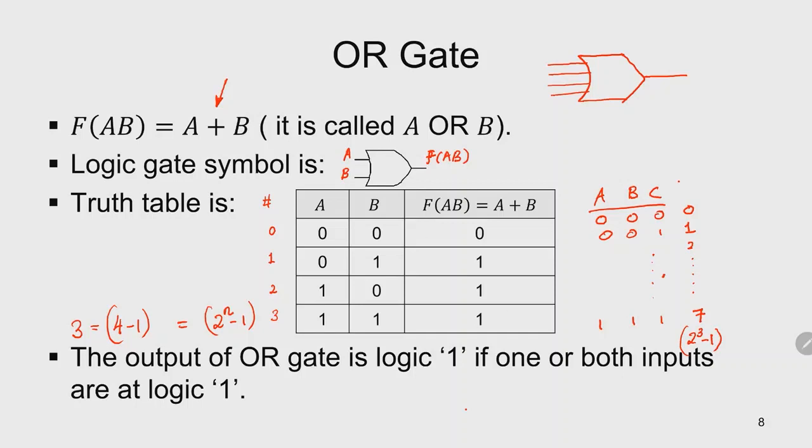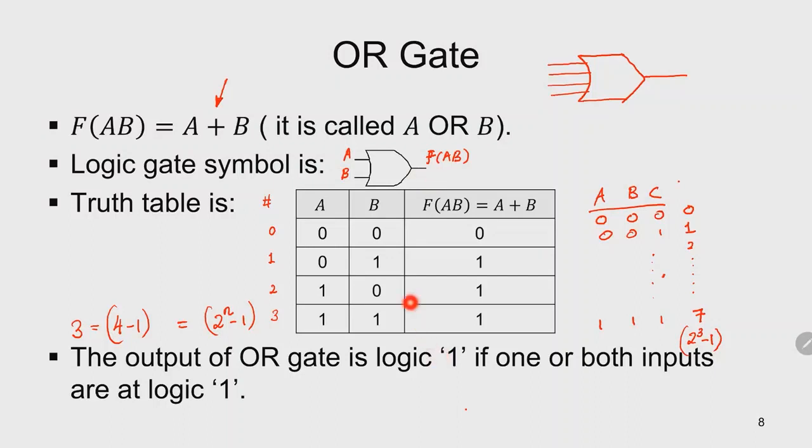So the OR operation: if one or both inputs are at logic 1, then the output will be logic 1. Okay, so if either one of the inputs is 1, the output will be 1.